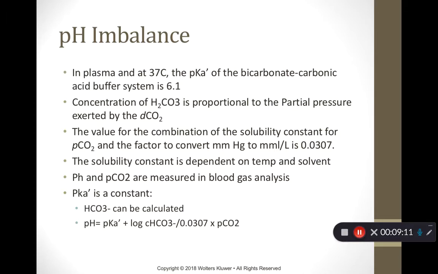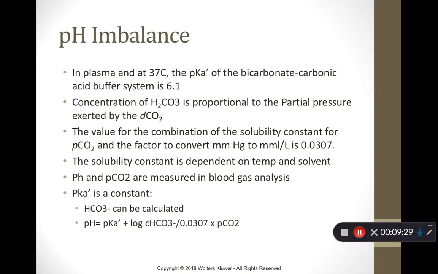So in the plasma, at 37°C, the pKa of the bicarbonate carbonic acid buffer system is 6.1. The concentration of carbonic acid is proportional to the partial pressure of dissolved CO2.